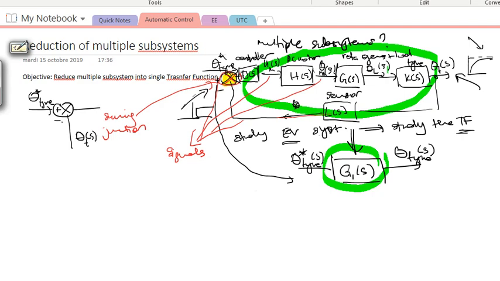So what the summing junction does is, the signal at the output of the summing junction is equal to theta star minus theta T. That's what it does. Okay, I'll use another example with easier parameters.